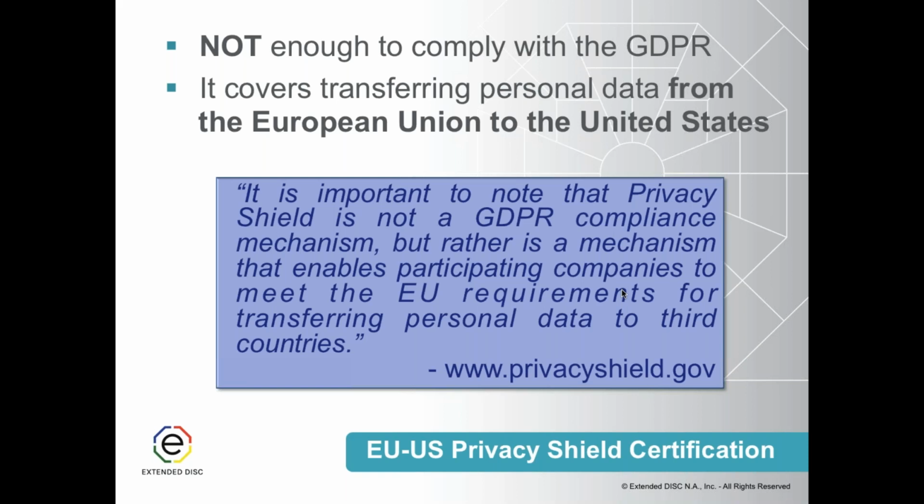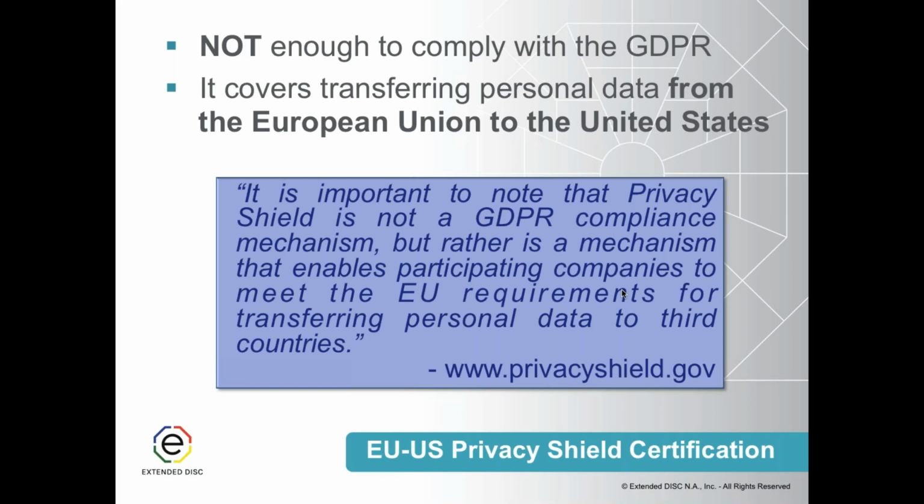And just in summary, what governs the transferring of personal data unidirectionally from the European Union to the United States. In part, it's because, we talked about this earlier, the U.S. is not considered adequate.